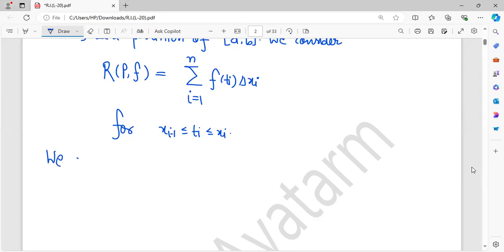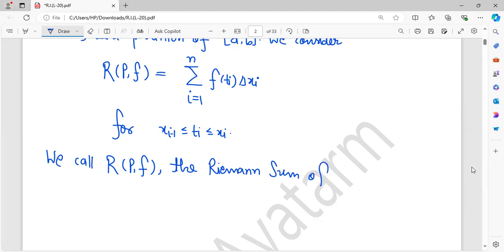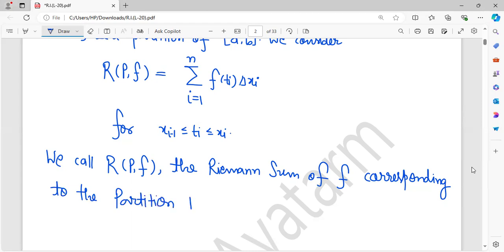We call R(P, f) the Riemann sum of f corresponding to the partition P over the closed interval [a, b].